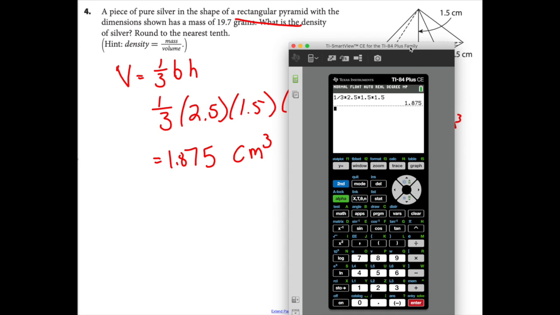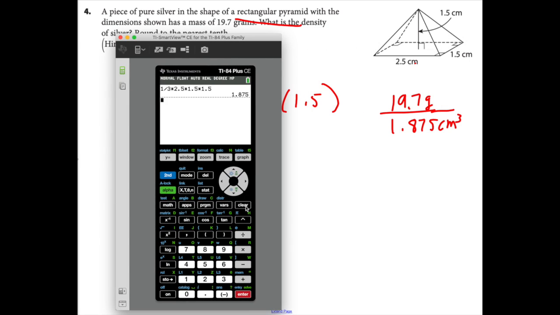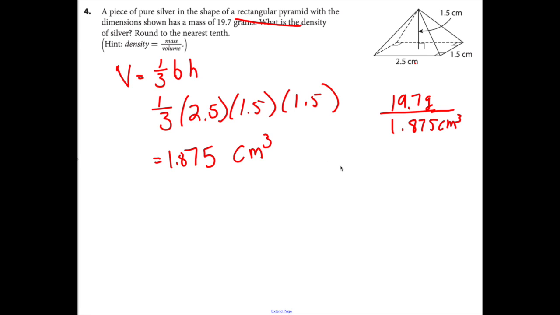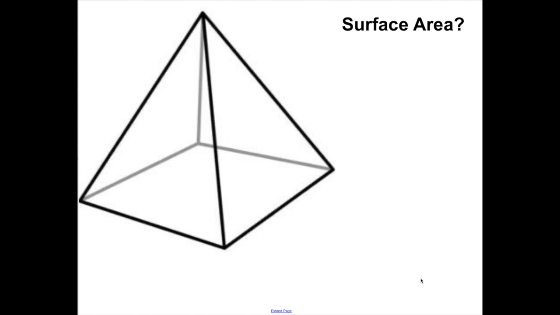Okay, folks, so 19.7 over 1.875 is 10.5 to the nearest tenth, as they want, grams per centimeter cubed.